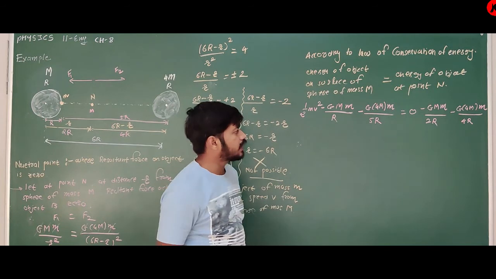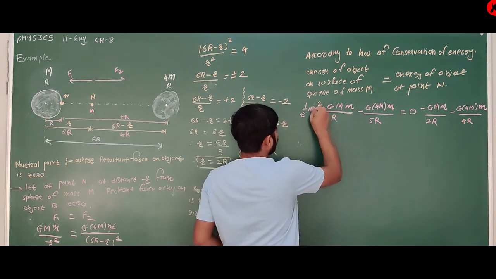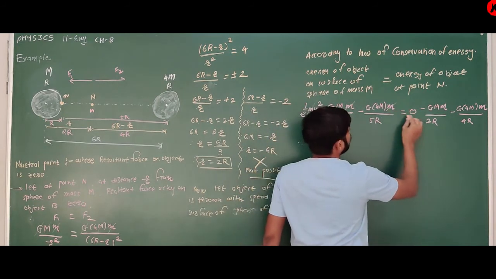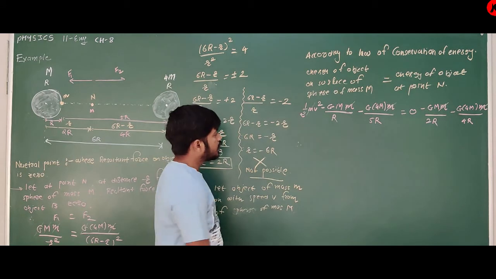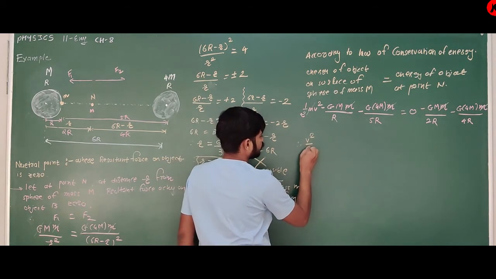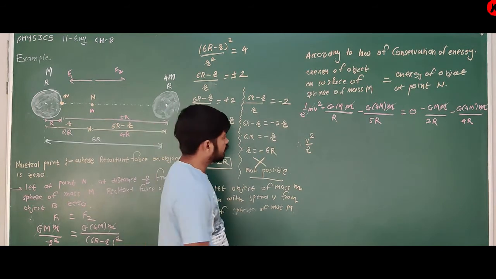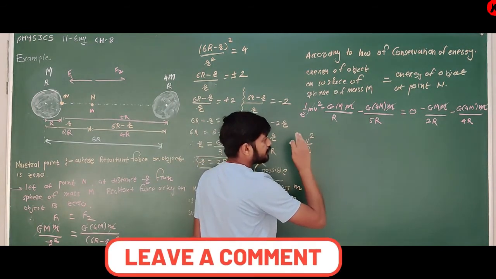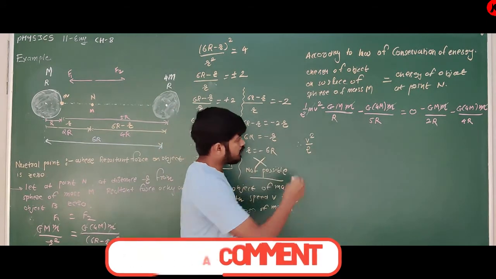Now how to simplify? First of all, this m cancels. Here it is v square by 2. Take all these terms to the opposite side.